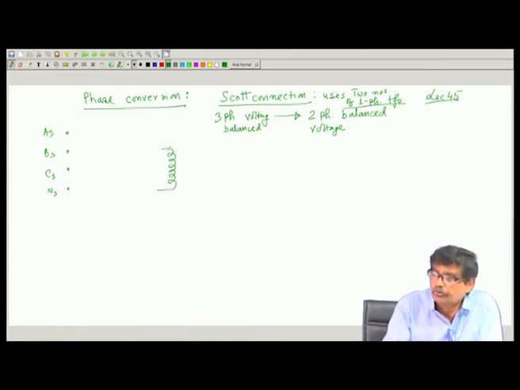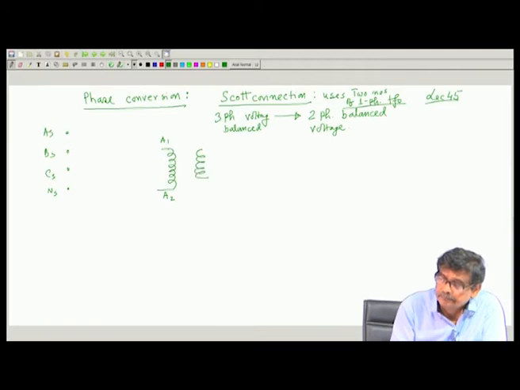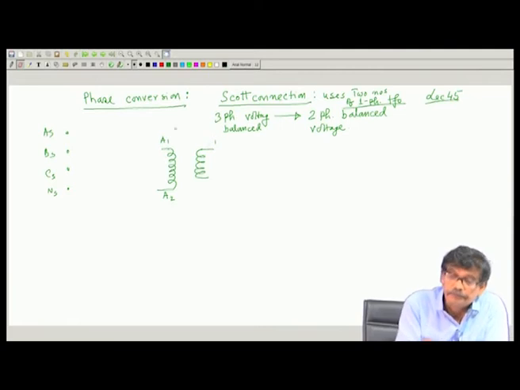In this case of course, 2 transformers are there, and let us call this transformer A with terminals A 1 A 2, and its secondary with small a 1 a 2.